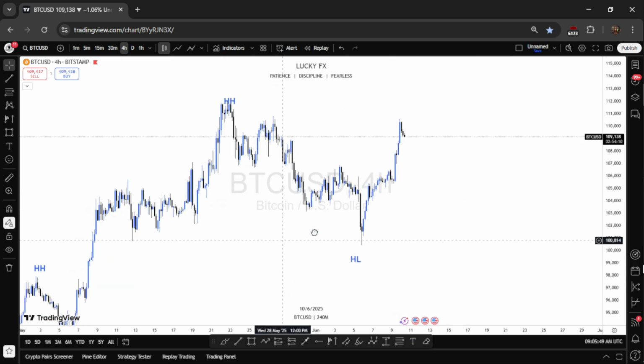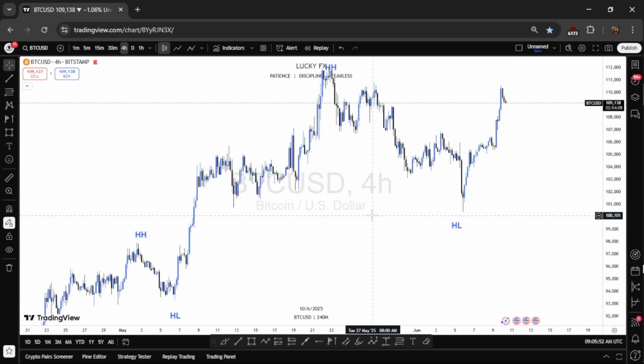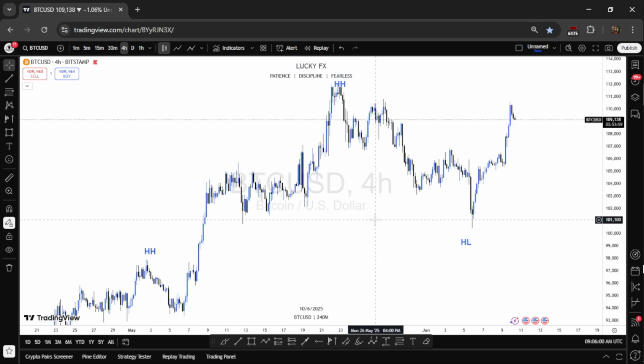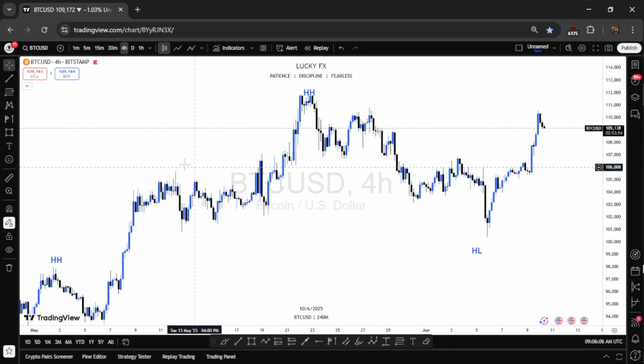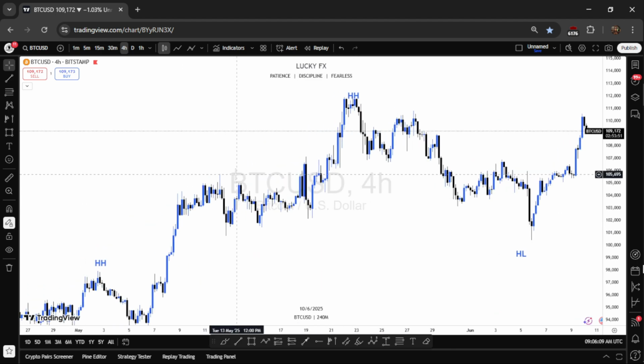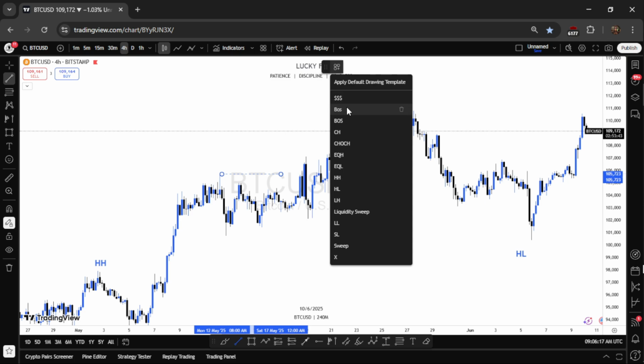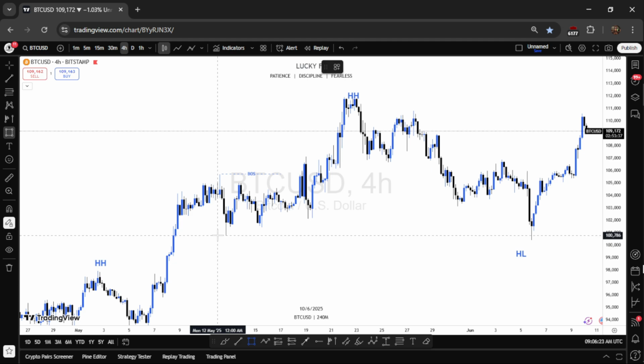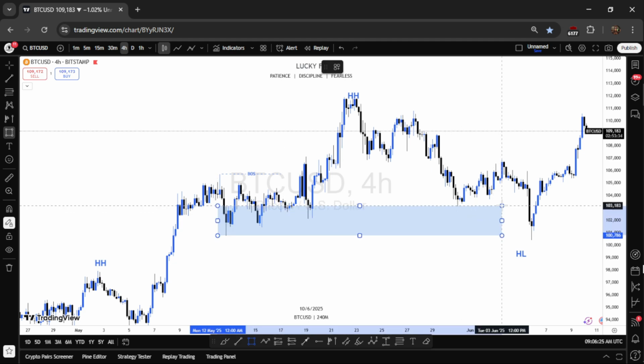So what do you think price is actually telling us? It's some kind of weird, because if I should use SMC now, this break over here, we could see this was its demand zone, right?